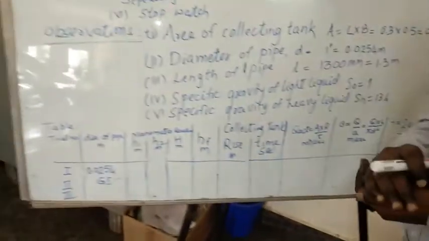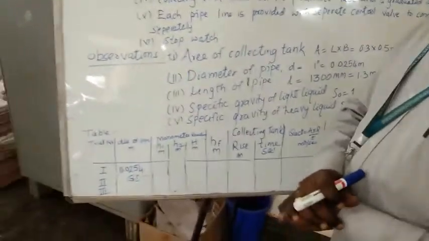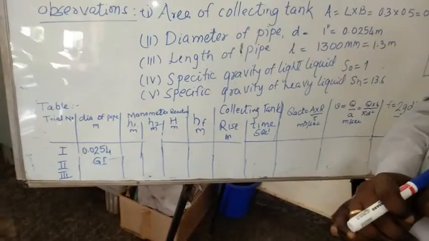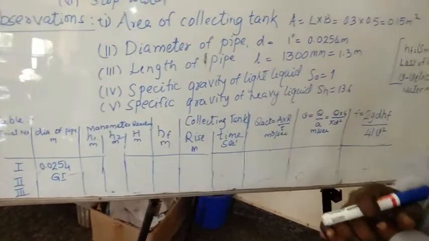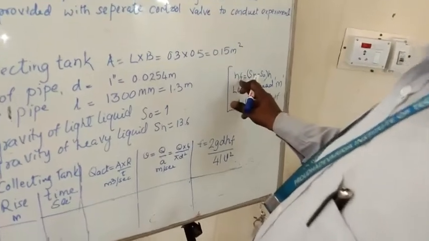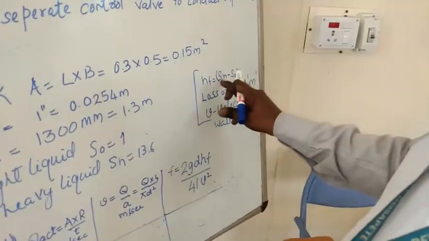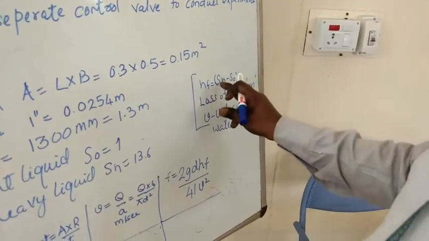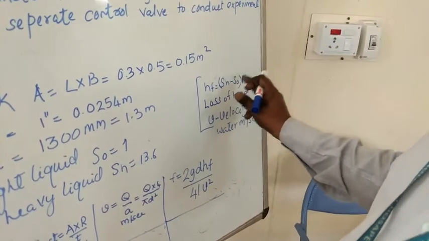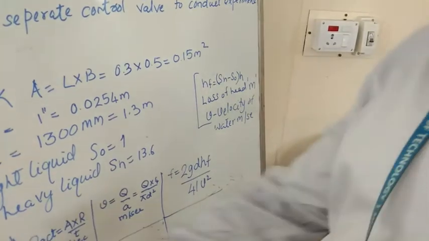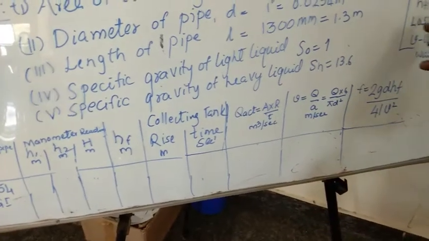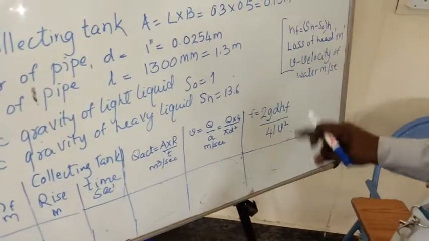We are measuring the head difference in terms of mercury. We have to convert it in terms of the head difference of water, hence we get the loss of head due to friction, HF equals SH minus S0, that is the specific gravity of the heavy liquid minus the specific gravity of the light liquid, into the difference in head between the inlet and outlet, in meters.